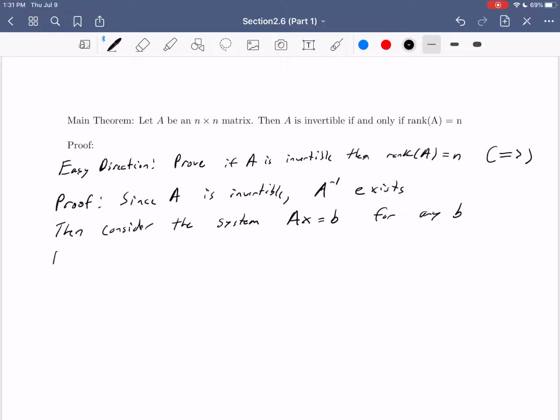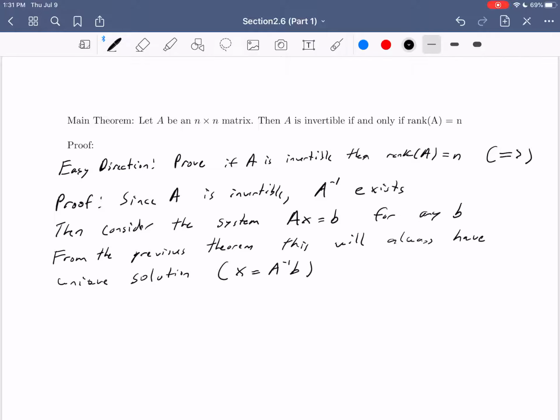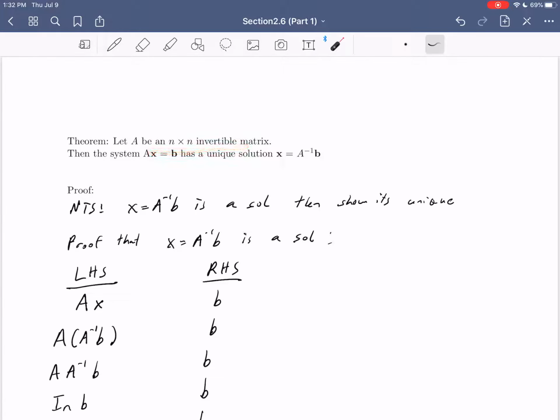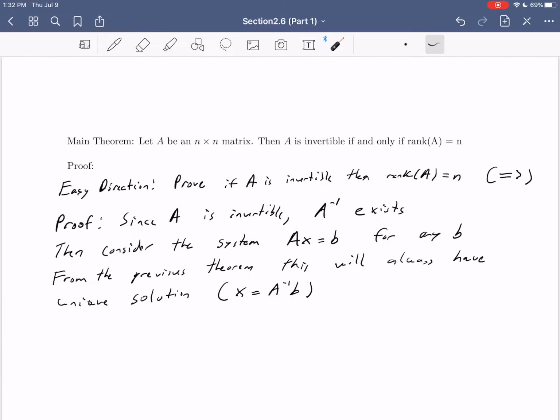Now, from the previous theorem, this will always have a unique solution. And technically that unique solution is X equals A inverse B. So if we consider this system, no matter what B is, we know it's always going to have that unique solution. From what we just proved back over here, right? We said that if it's invertible, then this is guaranteed to have a unique solution.